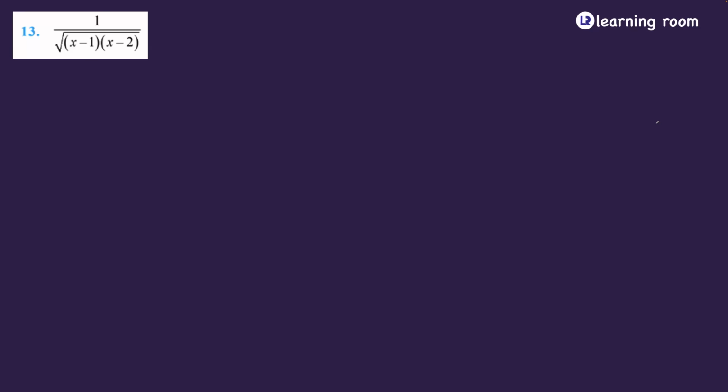Okay, wait, I'll check. So the question is integral of 1 by root of x minus 1 into x minus 2 dx. This is equal to integral of dx divided by root of x square minus 3x plus 2. Right?